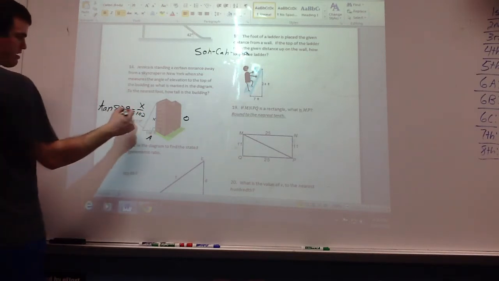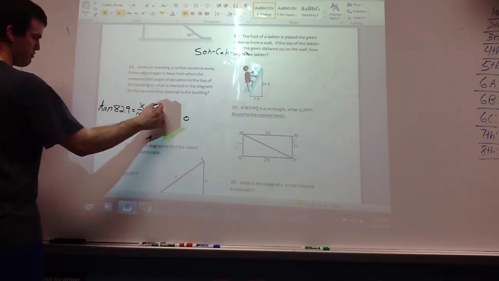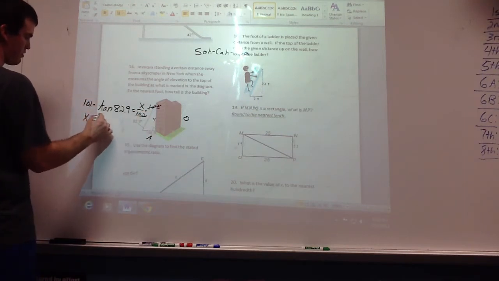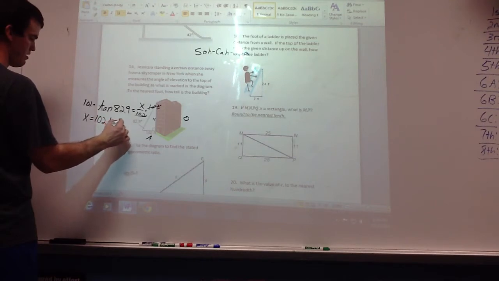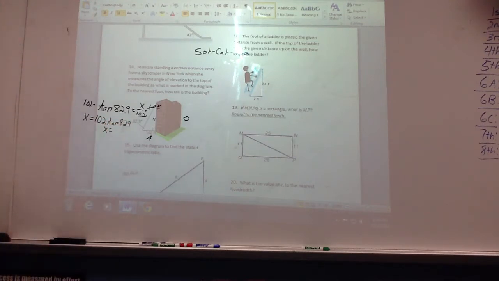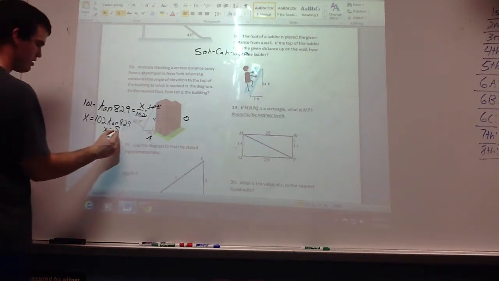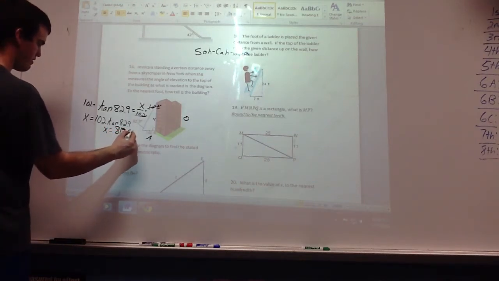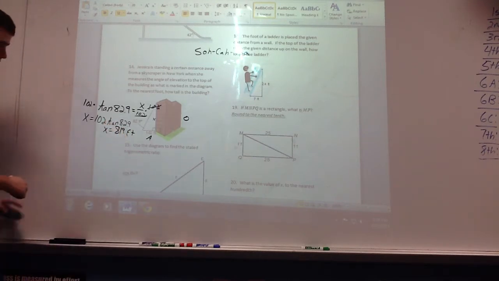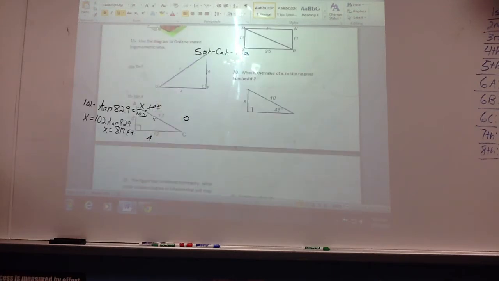Again, to get this by itself, I need to multiply both sides by 102. So x equals 102 times the tangent of 82.9. So on problem number 14, x will equal 819 feet. Again, it says round to the nearest foot, so that's why I'm going to make it 819. So that was number 14.